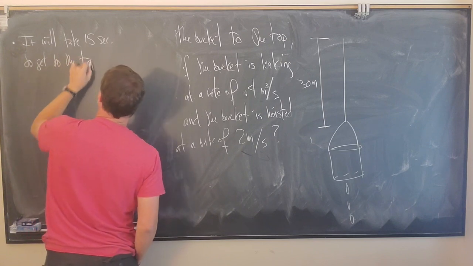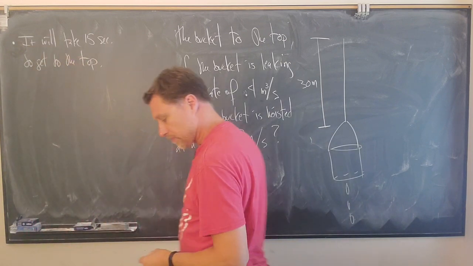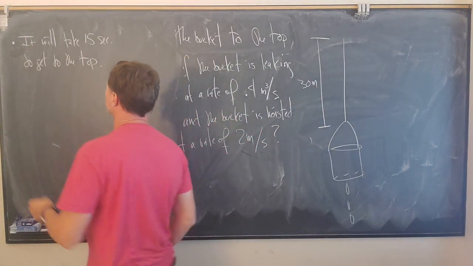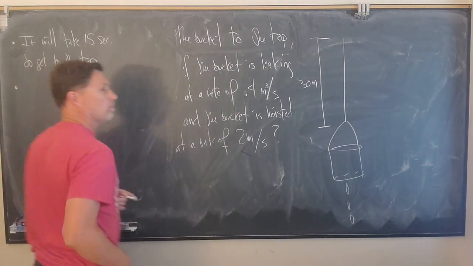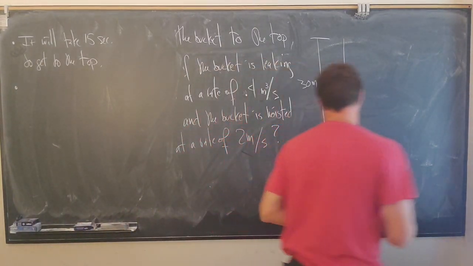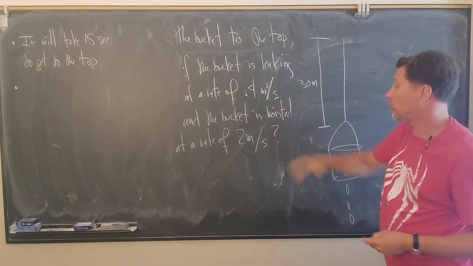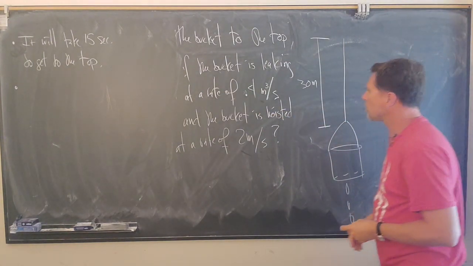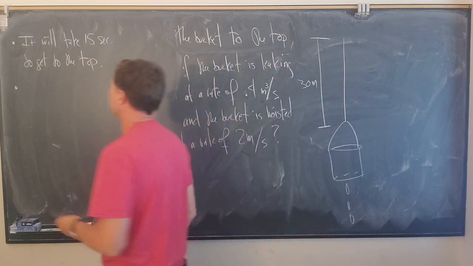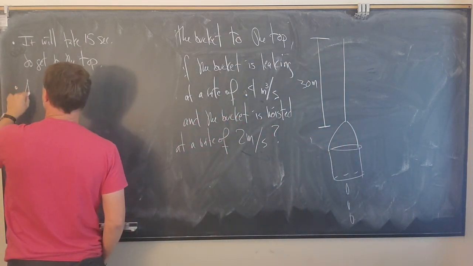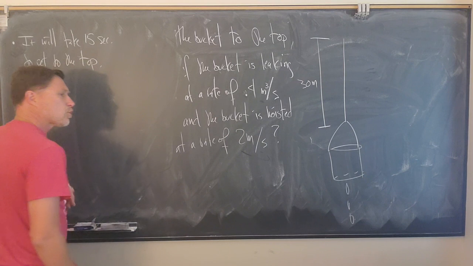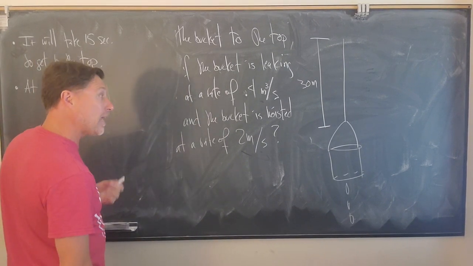So we'll be done after 15 seconds. Now, remember, as we go up, we're losing water at a rate of 0.4 cubic meters per second. So let's identify how much water we've got in the bucket at any given time.